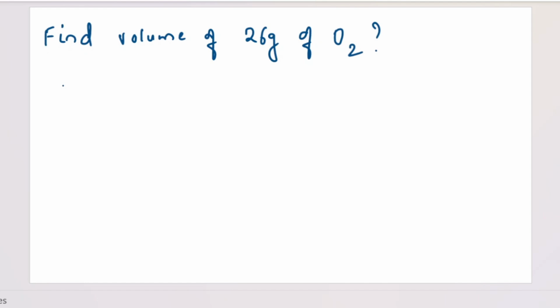Find volume of 26 grams of oxygen molecule. So for that, children, we have to calculate number of moles first.